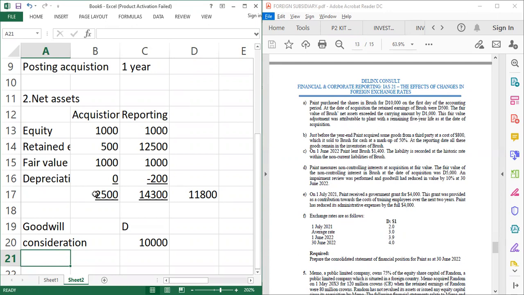Look at the NCI value. What is the NCI value? The NCI value is 5,000, isn't it? How can the NCI value be higher than the value of the assets?